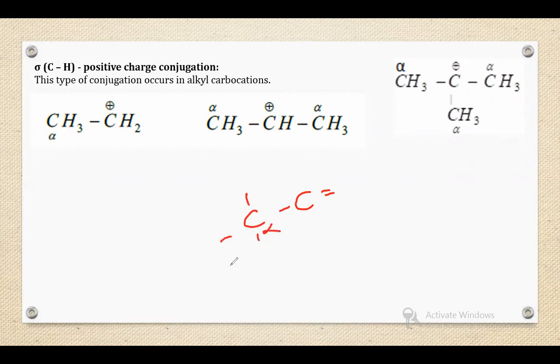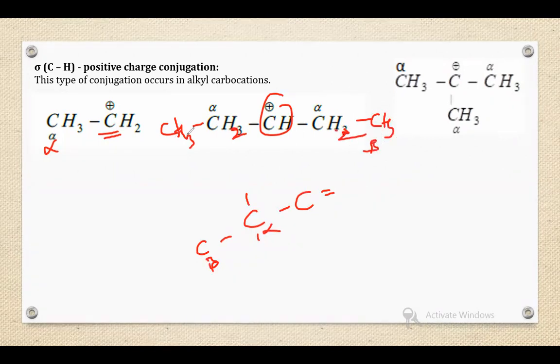All these hydrogens are alpha hydrogens, and the next carbon is the beta carbon. Similarly, next to the positive charge, these two carbons are alpha. If the next carbon is CH2, CH3, then this is the alpha carbon and this is the beta carbon. Now, in the case of carbon, here is the carbon with alpha and alpha.